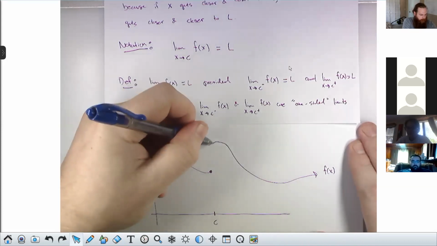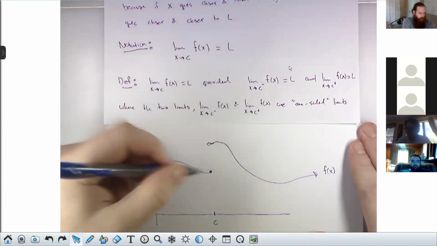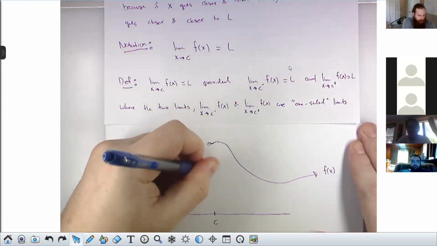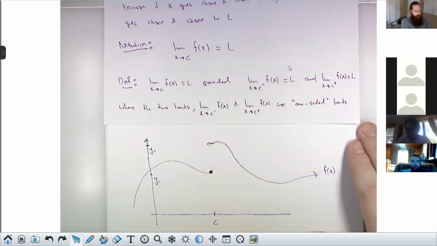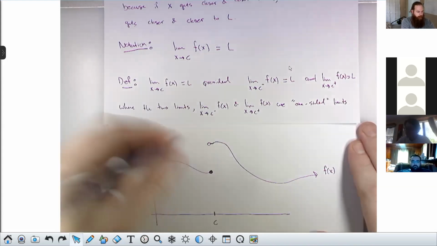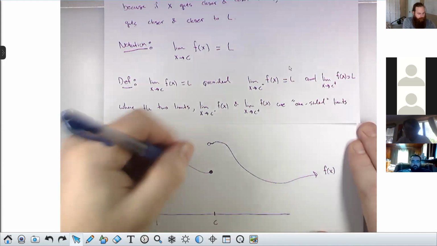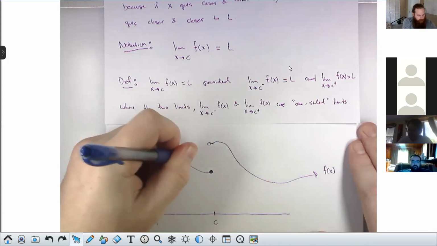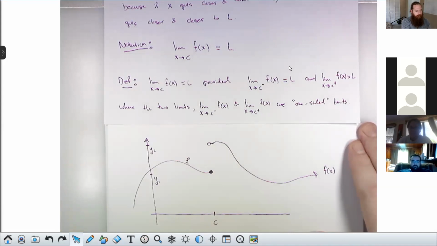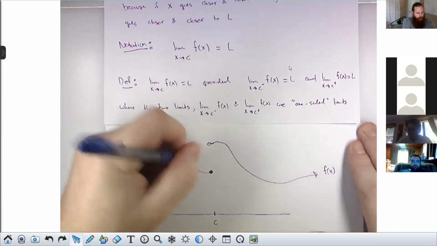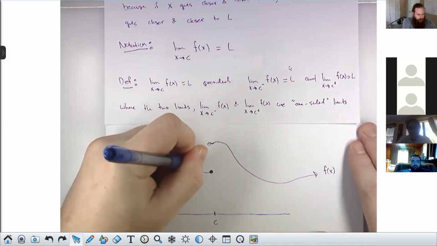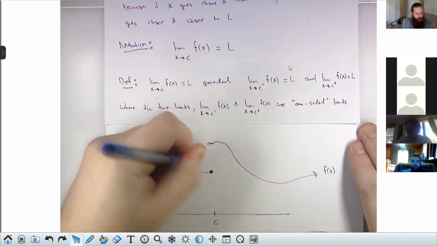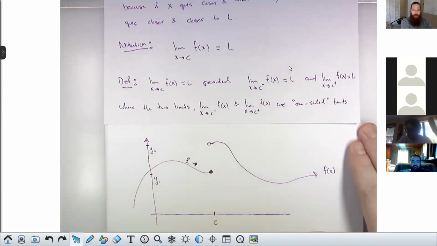So the hole right here is at height y2, and the filled in spot right here is at y1. If I'm walking a little guy, imagine a tiny little ant or something, walking along this graph, getting closer and closer to having x coordinate c, but coming in from the left.